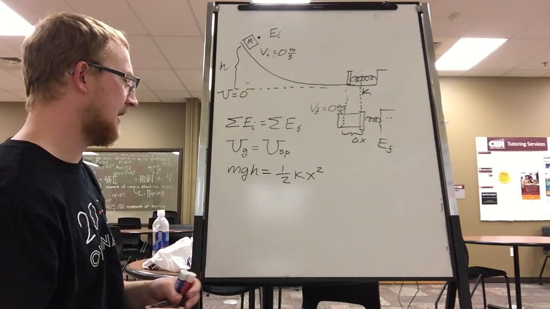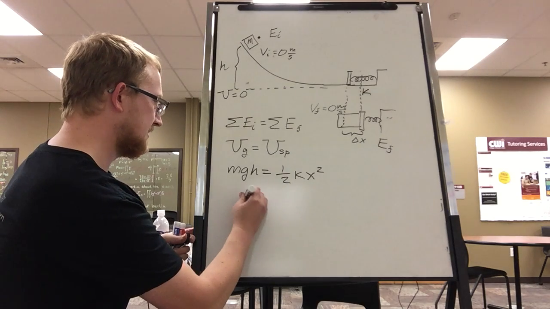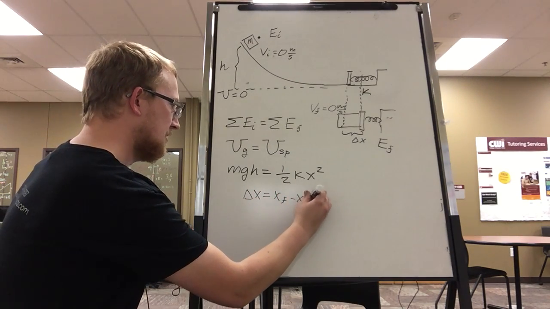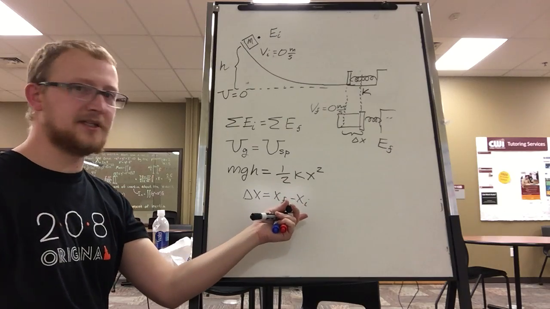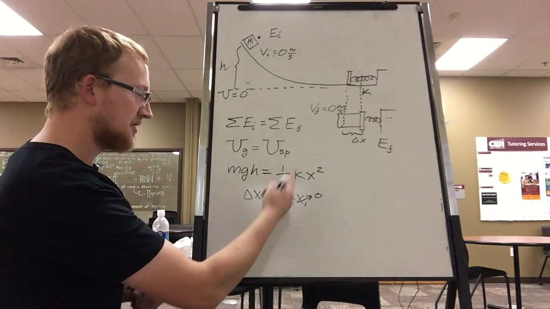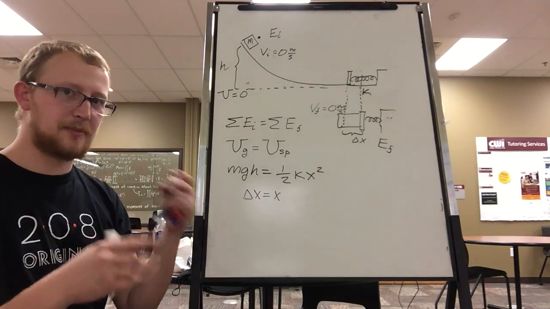Or you could call it delta x, or just x, because delta x is just x final minus x initial. So if we assume that the spring's beginning position is 0, then delta x is just x final. We can just call it x. So that's why we switch back and forth.